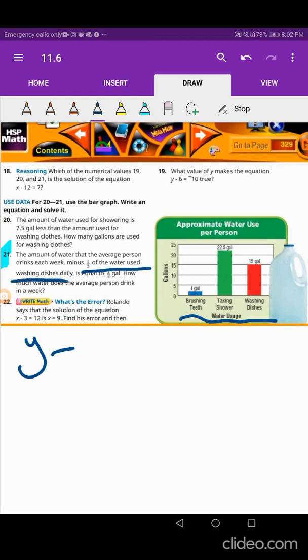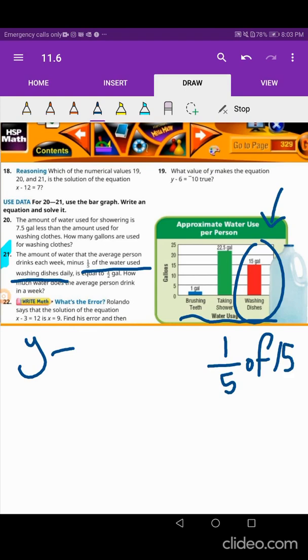Let me take a look at this table and check. What is the amount of water that we need for washing dishes? We need 15 gallons. But they told you 1 over 5 of this amount. So I need 1 over 5 of the 15. What's 1 over 5 of 15? It means 15 divided by 5, which is 3.